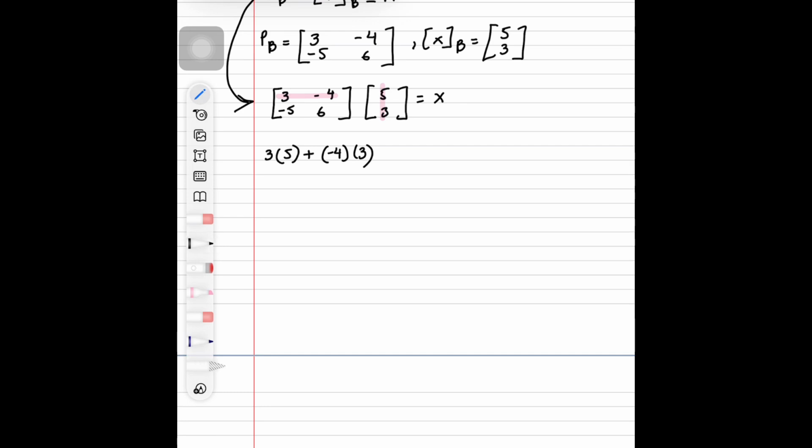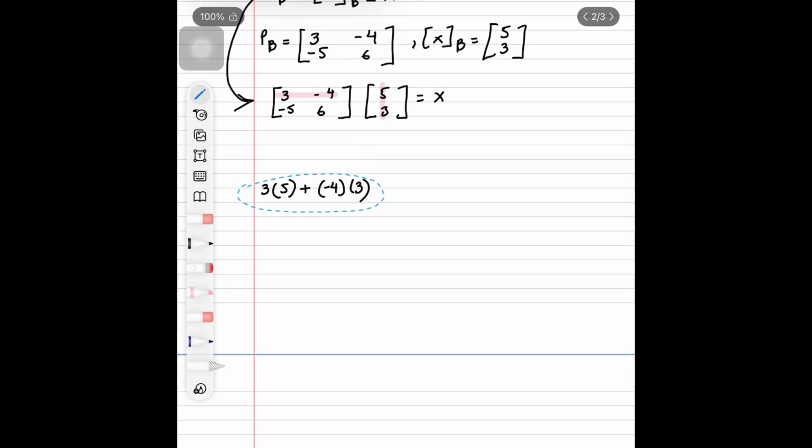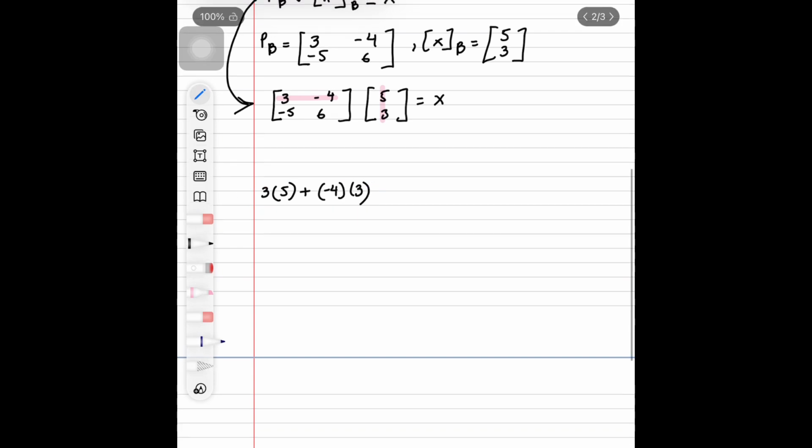Quick little note. When you're doing matrix multiplication, you have to take care of certain things. This matrix has 2 rows and 2 columns, which is written as m cross n, where m is the rows and n is the columns. The second one has 2 rows, 1 column.